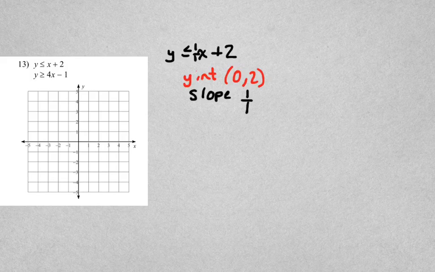So this is a barred line, so that means it's a solid line. Go to 2, and then I'm just going to go up 1 over 1, and down 1 over 1. And I am going to go ahead and draw in that line. It needs to be solid. Put the arrows on the end.